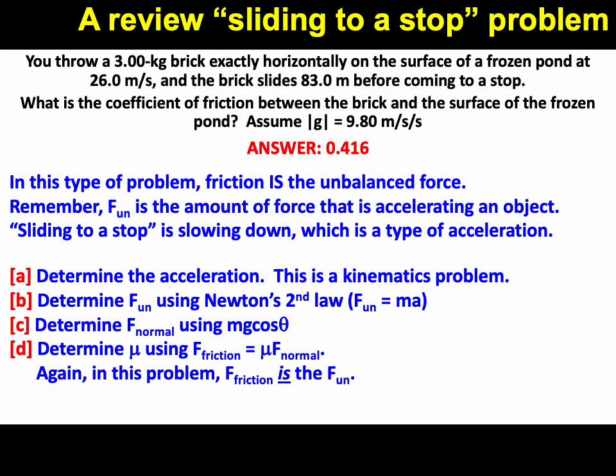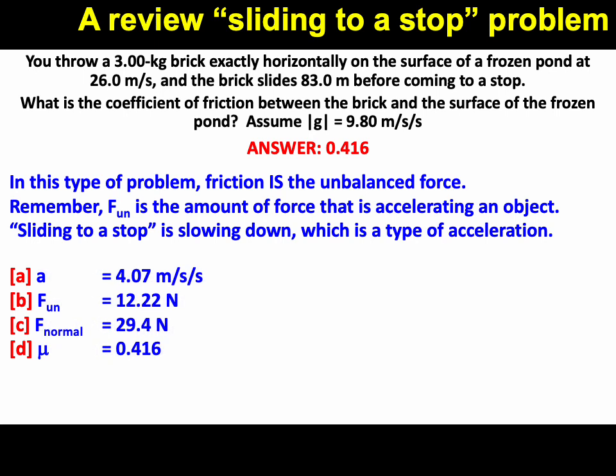And then we'll know the force of friction, because the force of friction is the unbalanced force. That's what you will solve for in part B. We'll know the normal force, and we can solve for mu. The famous cow-cat call.